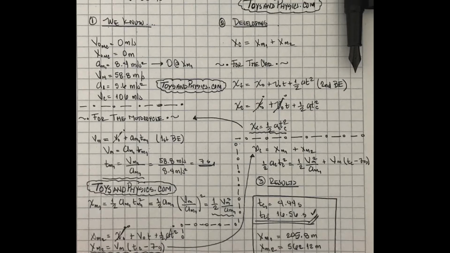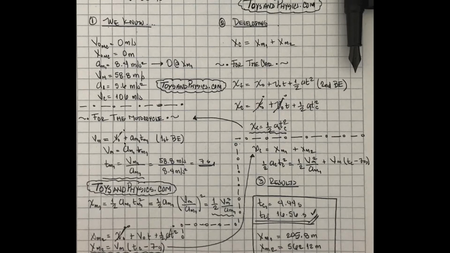We determined that the final velocity for an object moving with constant acceleration can be found with this equation. Again, the initial velocity goes down to 0, so the final velocity for the motorcycle is the acceleration of the motorcycle multiplied by the time it takes for the motorcycle to reach that final velocity, right?